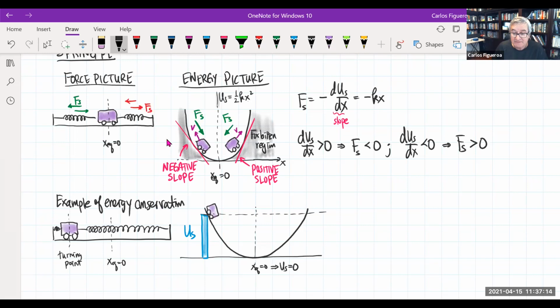Then as this object falls, you could see that I'm converting potential energy into kinetic energy. And as it gets all the way down to the bottom, we know that we have maximum kinetic energy.